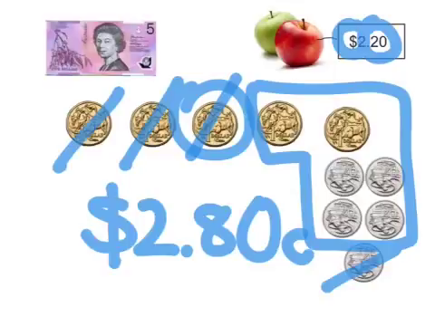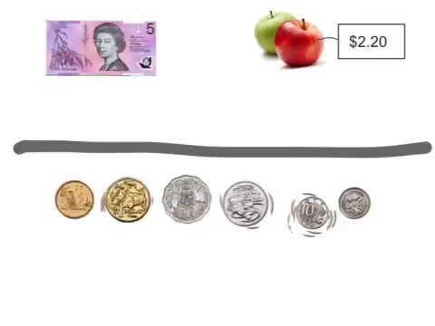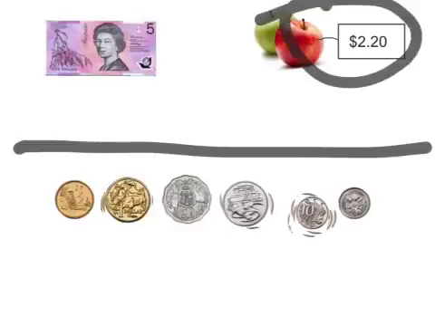Now let's try the counting on strategy to solve this same problem. I have $5 in my wallet. I'm spending $2.20 on apples. I'm going to use the counting up strategy this time. That means I start on $2.20 and I count up to make it to $5 using these coins down the bottom here.